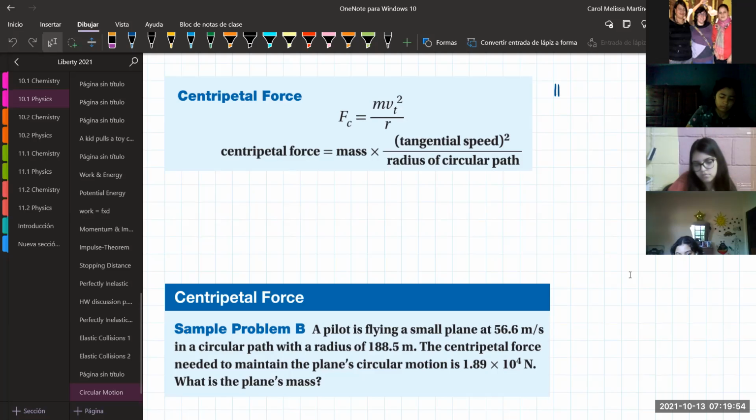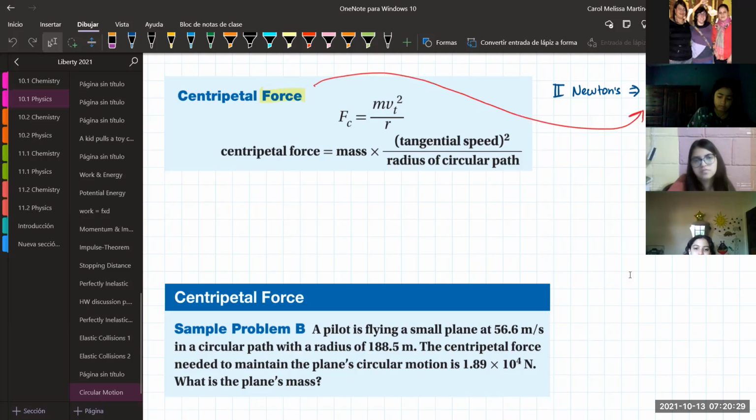In the second law, it says that force is equal to mass times acceleration. This is important because this centripetal force is a force, which means that it's going to be measured in Newtons, etc. But the idea of the force is coming from Newton's second law of motion.